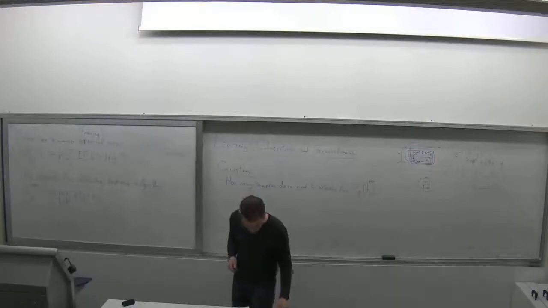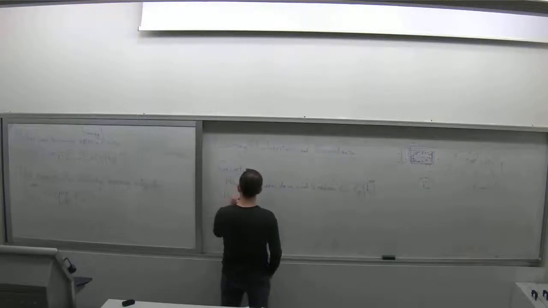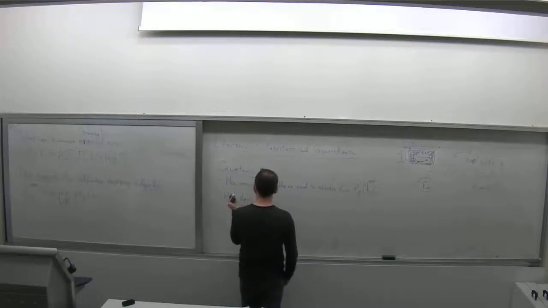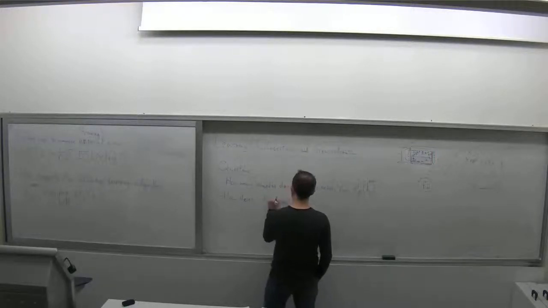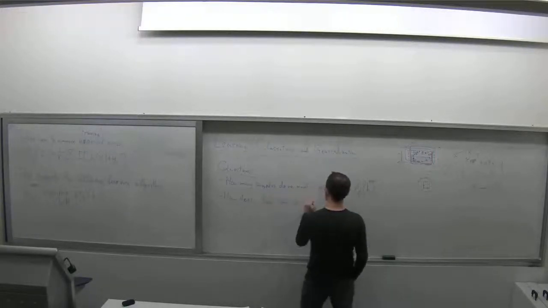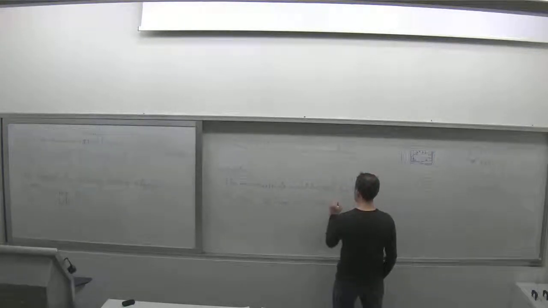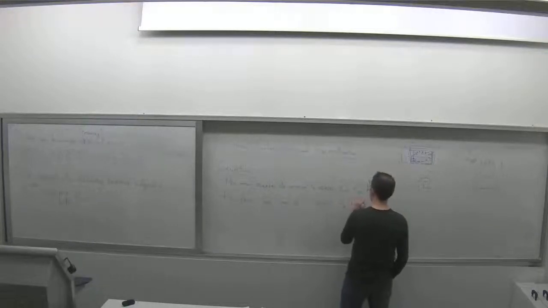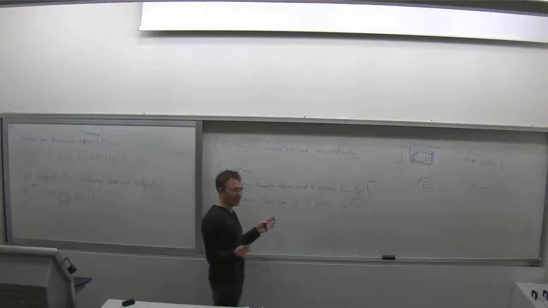Okay, so how many samples? How does the size of the hypothesis class affect this generalization? We have this intuitive notion that as the hypothesis class increases, we run more and more the risk of overfitting.